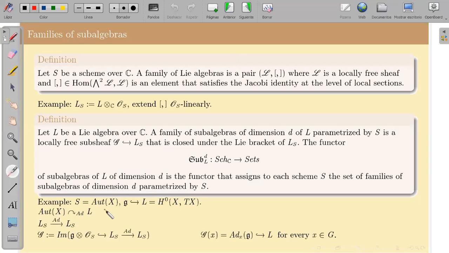And we can construct the family of subalgebras over S such that over each point X, we have the subalgebra which is the image of our original subalgebra G by the adjoint map corresponding to that point X.